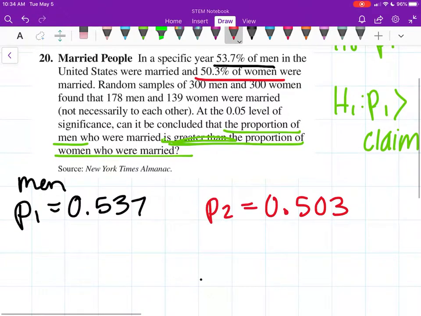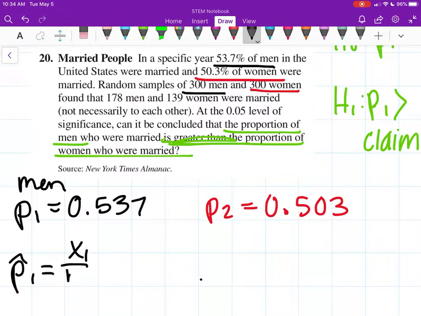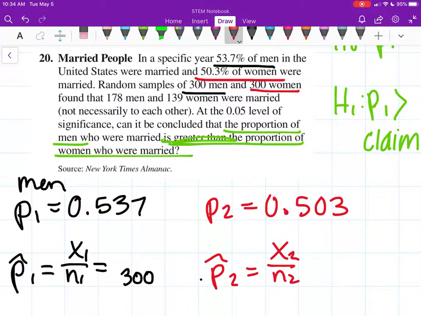Then it says random samples of 300 men and 300 women. So here, P hat 1 is equal to x1 over n1, which is 300 men. And the same thing over here, P hat 2 is equal to x2 over n2, 300, because they have the same sample size.